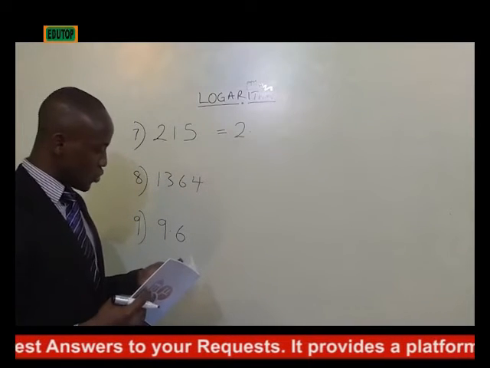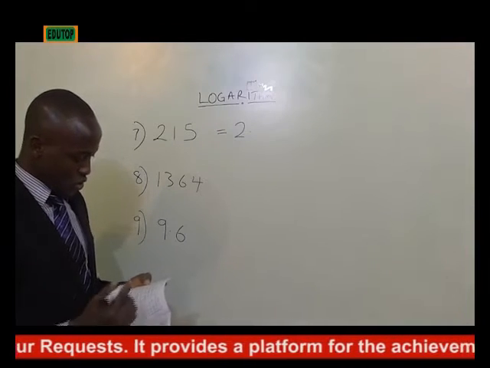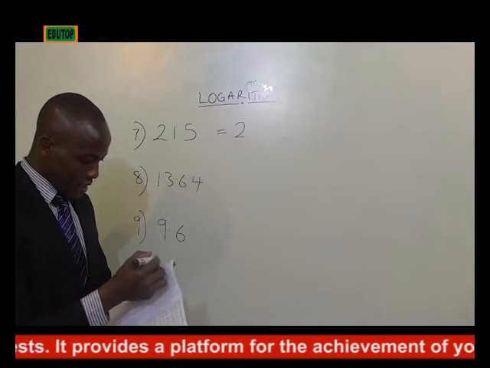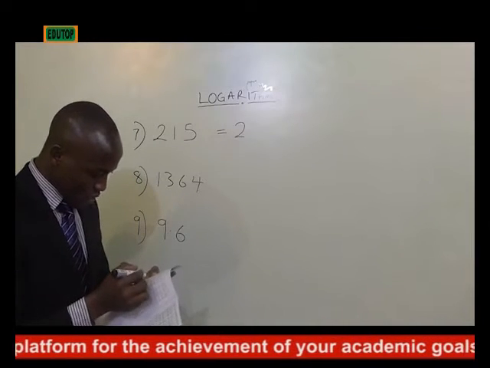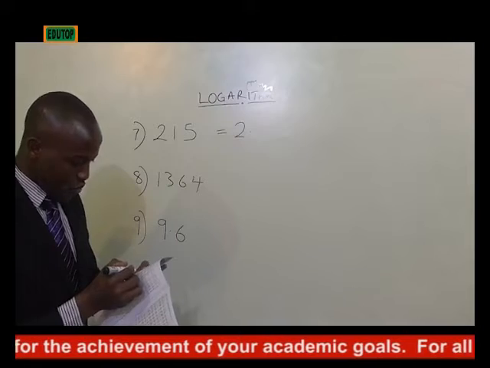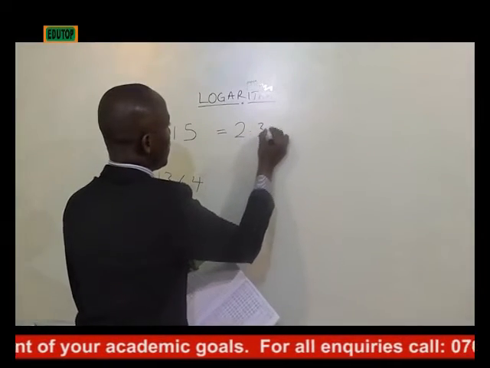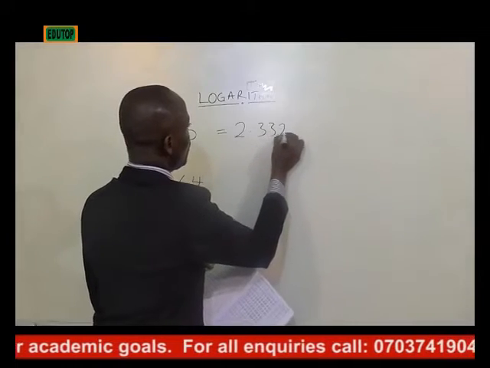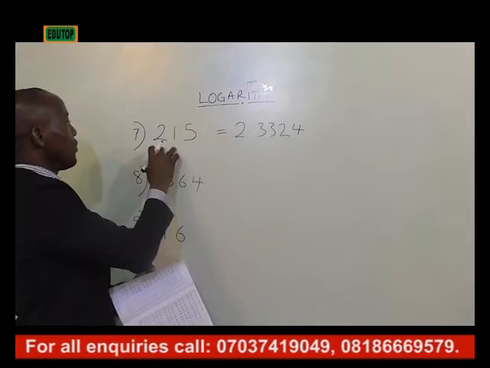Then you go to 21 under 5. You check column 5, 21 under 5, that's 3324. With that, we've gotten the logarithm of 215.